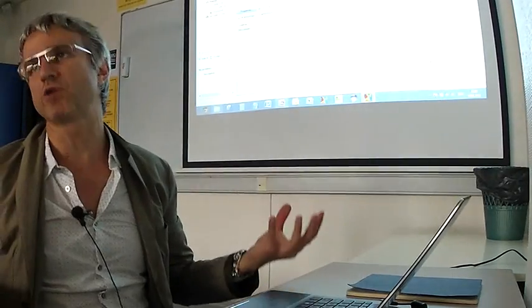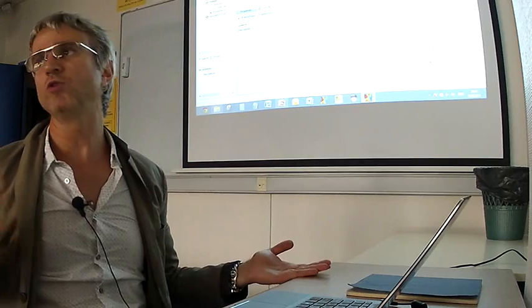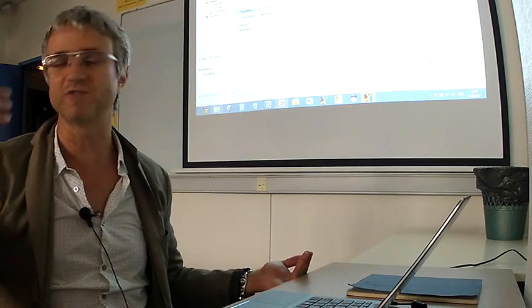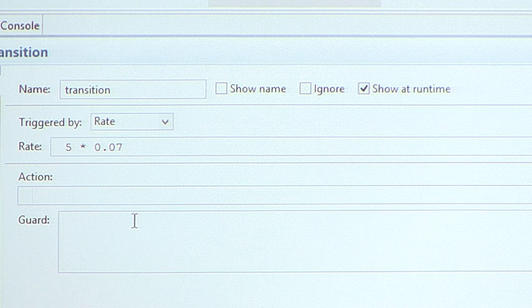I could model all the contacts, but I do a simple optimization here and model only those contacts that result in infection being passed. So I'll multiply 5 with 7%. And the action is contact other person, random person, and pass him infection.